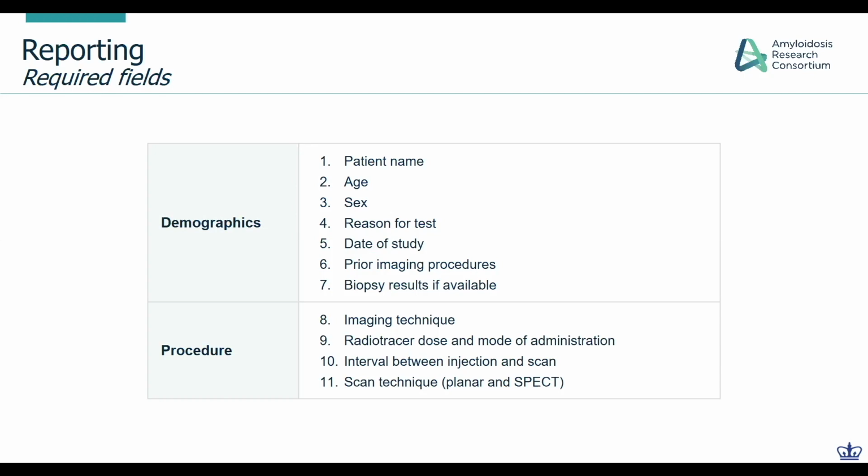That's very important because the 1.5 cutoff works if the period was about an hour. If we increase it to 3 hours, then the cutoff is not 1.5. Then we use a cutoff of 1.3. So it's important that you know what the interval was between injection and scan, and also the scan technique, whether the patient had only planar imaging or also planar and SPECT imaging.